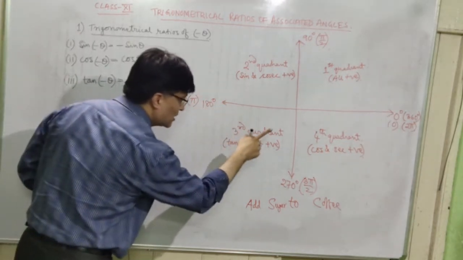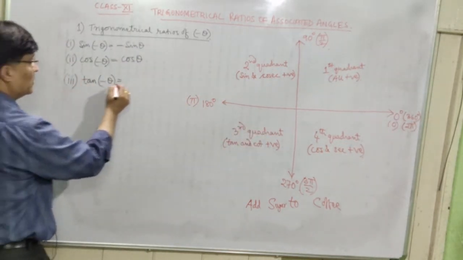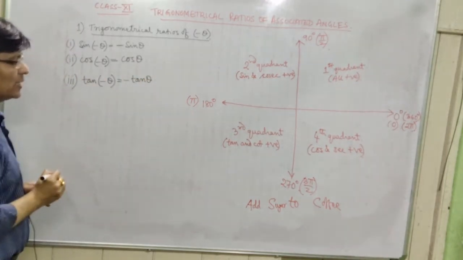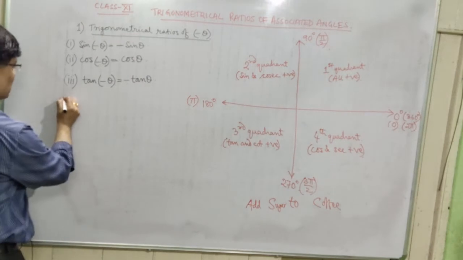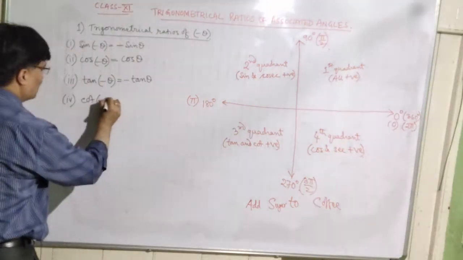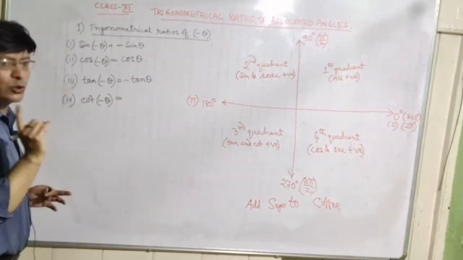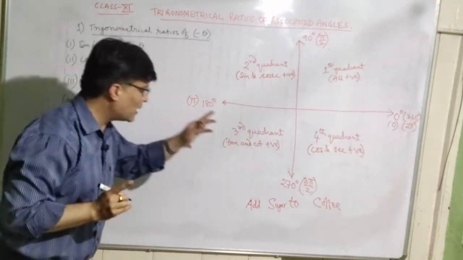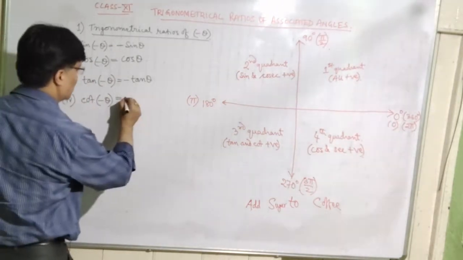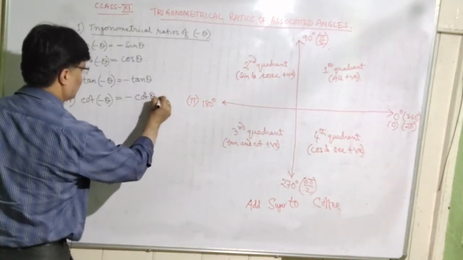In the fourth quadrant, cos and sec are positive, but tan is negative. So it will be minus tan theta. Next, number 4, cot of minus theta. Cot is negative in the fourth quadrant, so it is minus cot theta.